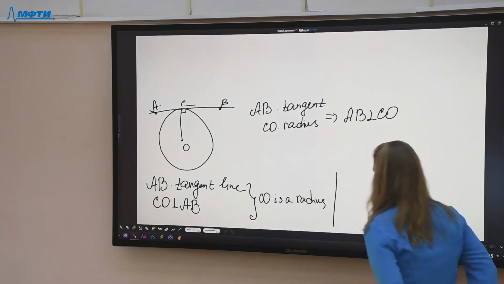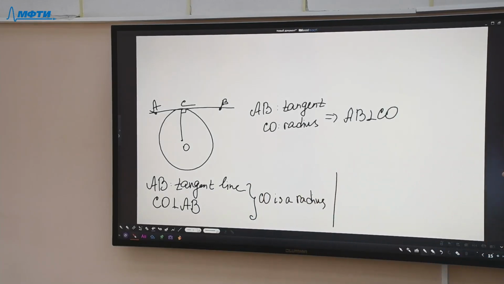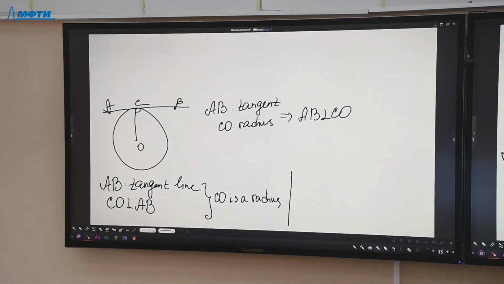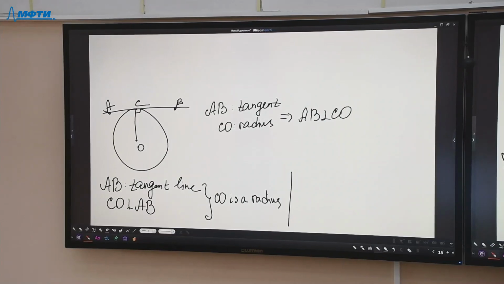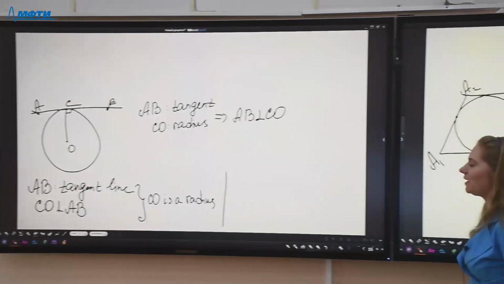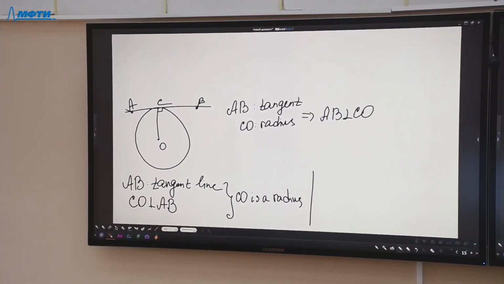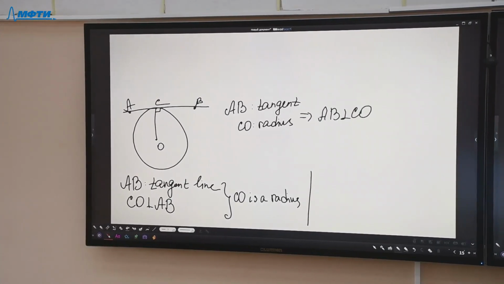And the third property here is that if we have a radius, and we have a line that passes through a point on the circle, and we know that this line is perpendicular to this radius, we can say that this line is a tangent line.